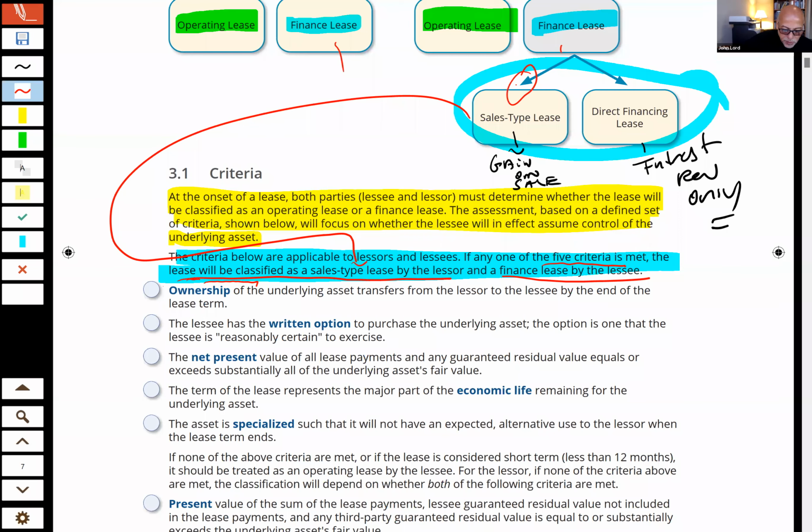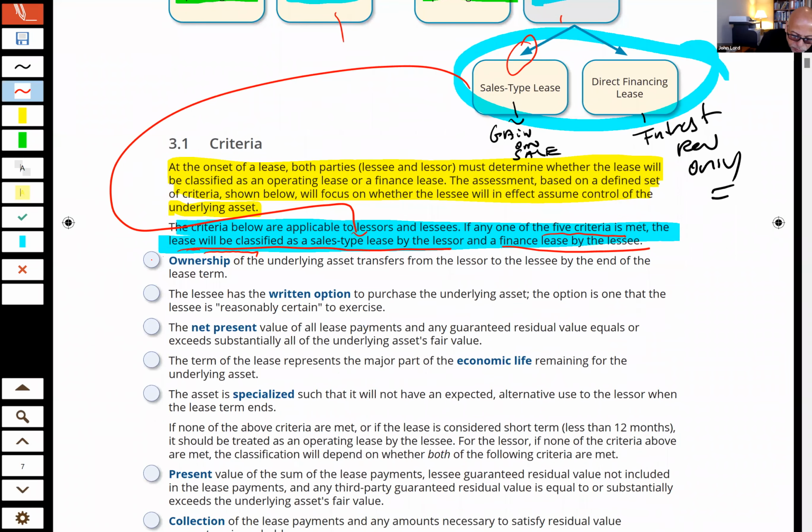Okay, so if there is an ownership transfer, that's an O in the mnemonic, and I do want you to flashcard that you only have to meet any one of these criteria, okay? Ownership transfer. If there is a written option to purchase the underlying asset, and it's reasonably certain that they'll exercise it.